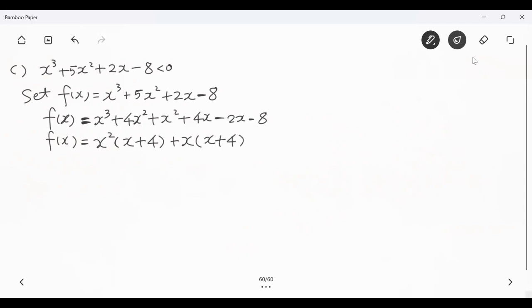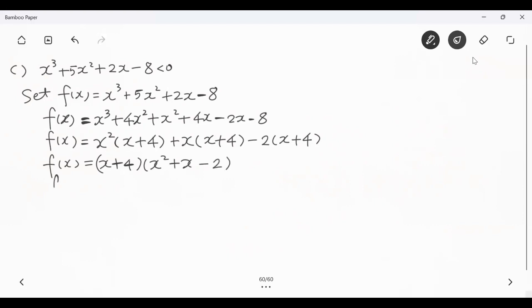And at the negative 2x, negative 8, we can take the negative 2 out. So it's x plus 4. So we can find the common factor x plus 4. So next step is x plus 4 times x squared plus x minus 2.